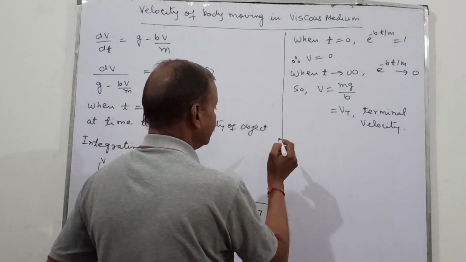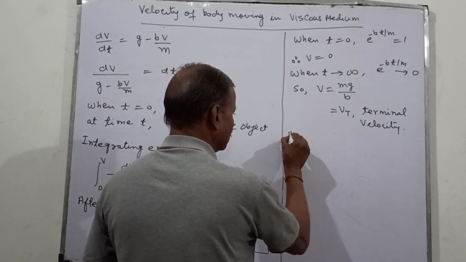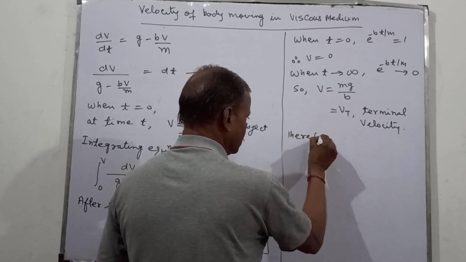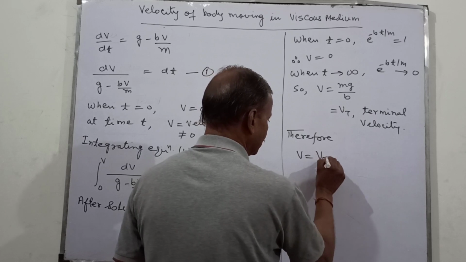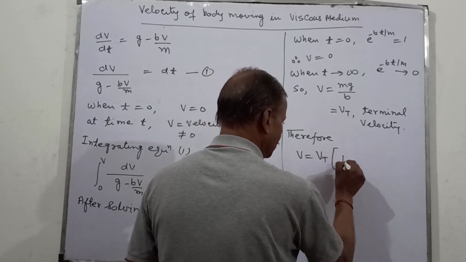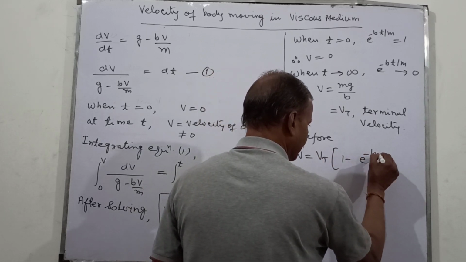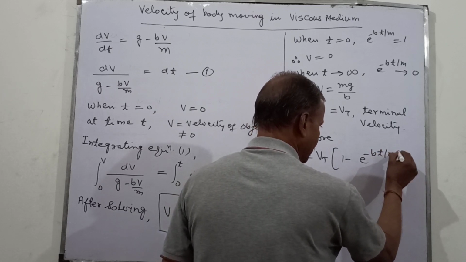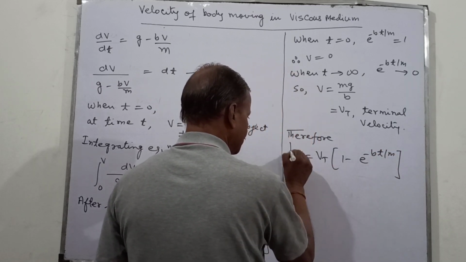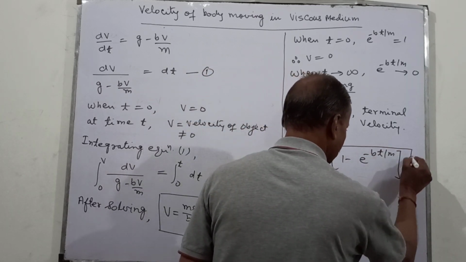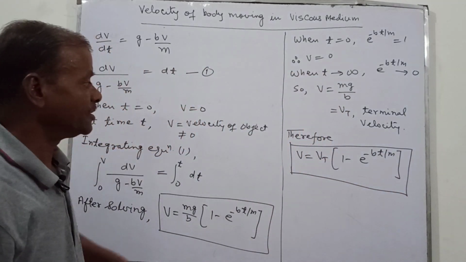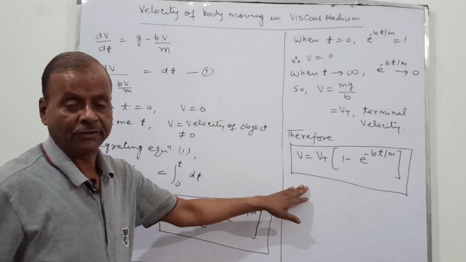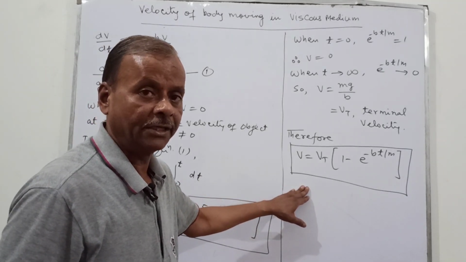So now we can have, therefore, v is equal to Vt into 1 minus e to the power minus bt upon m. This is the formula for the velocity of the body falling vertically downward.